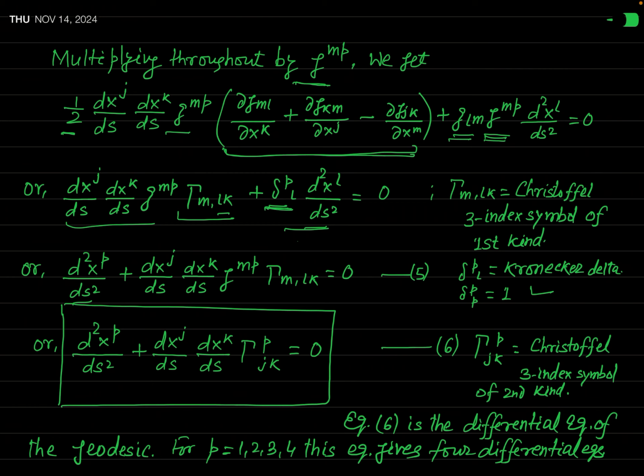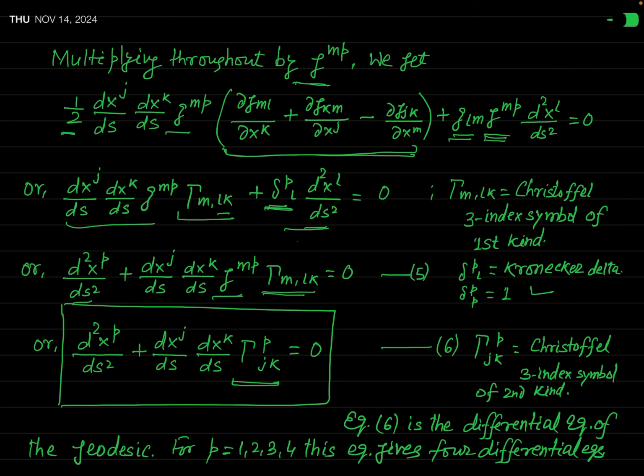You have just seen that the product of the Christoffel symbol of the first kind, gamma m comma lk, and this g^{mp} is equal to the Christoffel symbol of the second kind, gamma^p_{jk}.